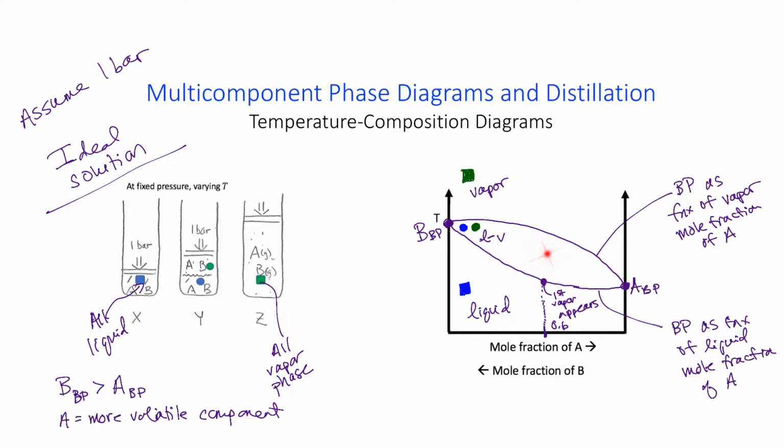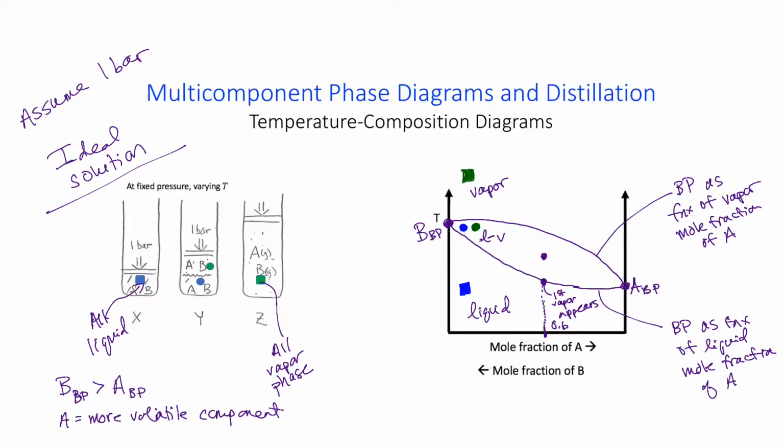Let's say we heat to this point right here. So what's happening when we heat up to this temperature? Well, the real utility of these types of diagrams is that they allow us to predict the compositions of the liquid and vapor phases for our mixture at a given temperature.